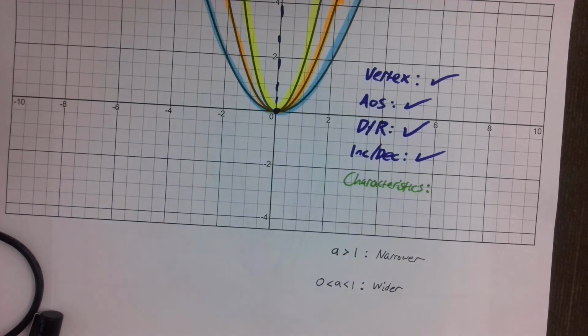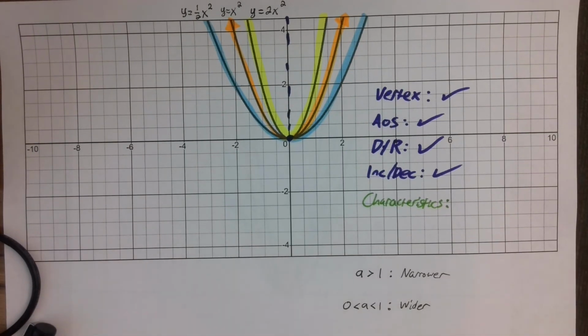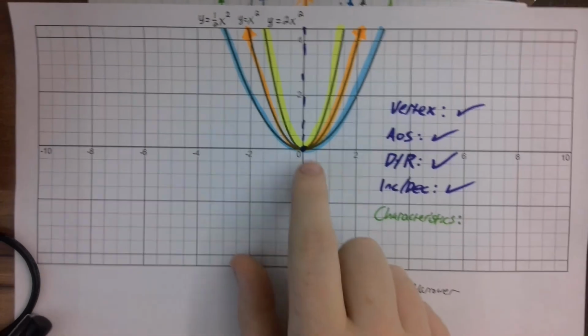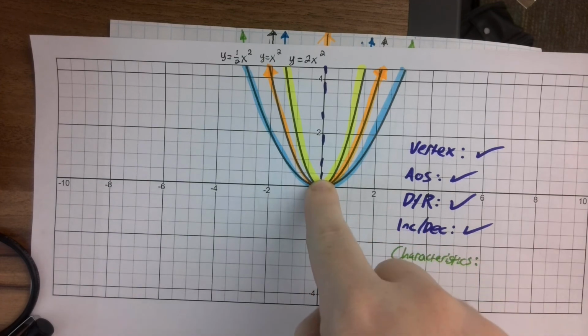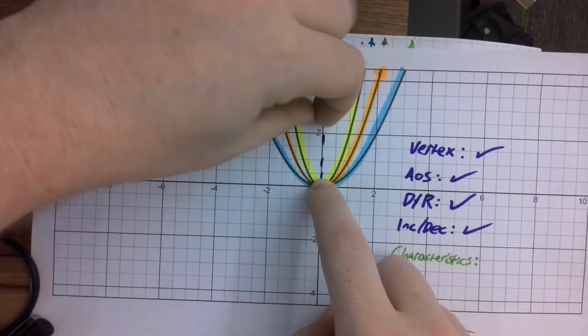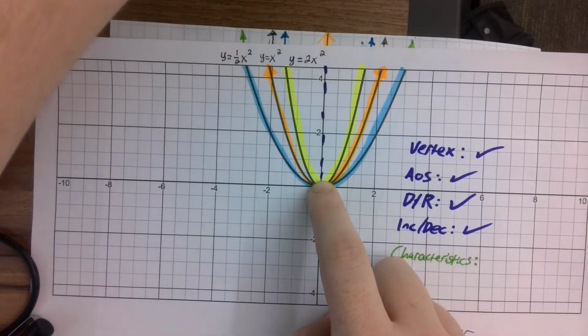We don't want to use the words wider or narrower, though. We have two very specific ways of describing these. I want you to imagine the following. Imagine that our graph is a rubber band, and I'm putting my finger down at the vertex. And I pull and stretch the rubber band.